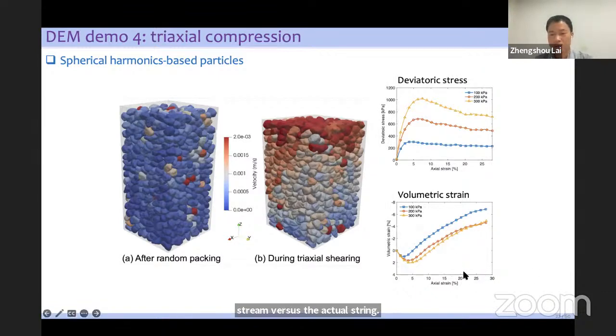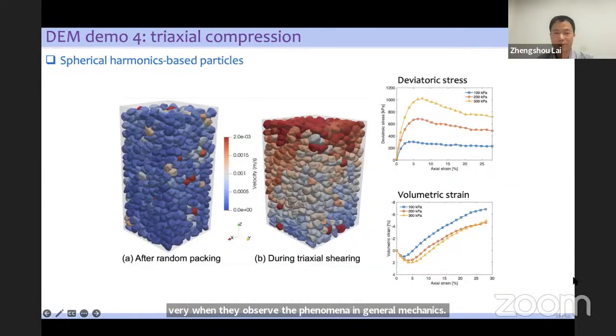We can see that the volumetric strain first decreases, which means contraction, and after that the volumetric strain increases, which means the packing porosity increases. That is the widely observed dilatancy phenomenon in geomechanics.